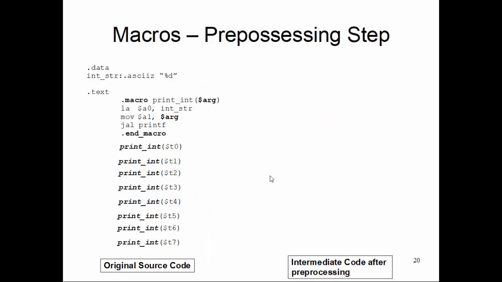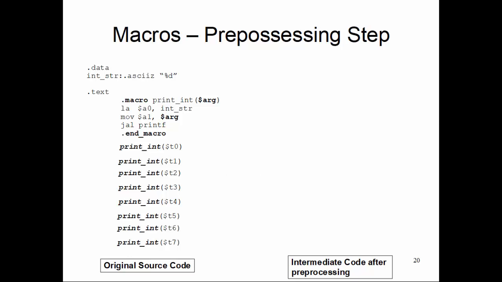What happens underneath is that when the assembler runs this, before even doing pass one, where the symbol table is generated, it does another step. Before pass one, it does a pre-processing step where it expands the macros.